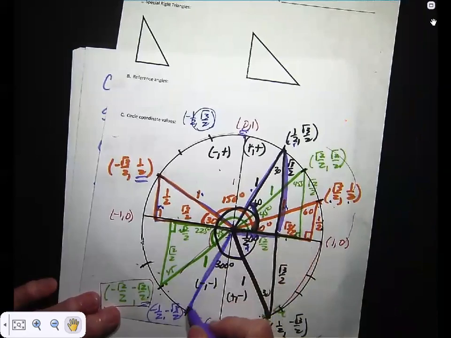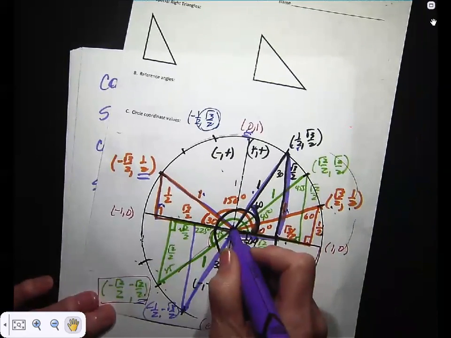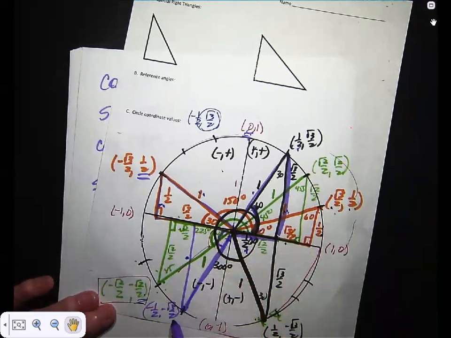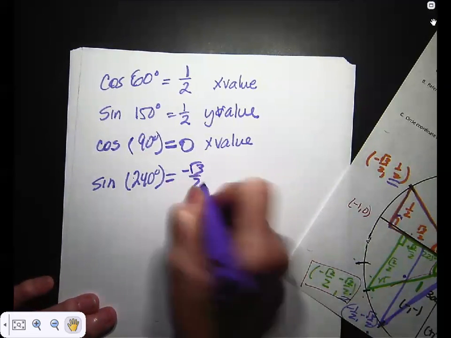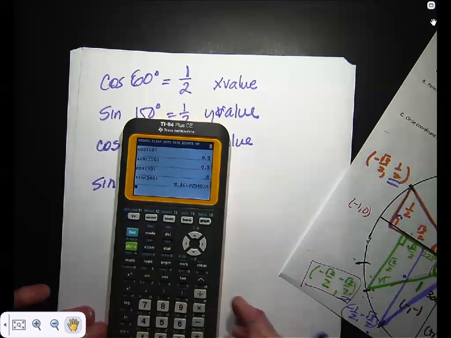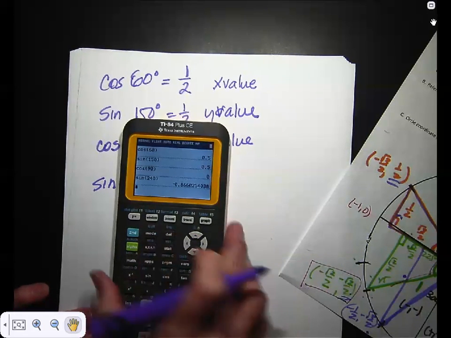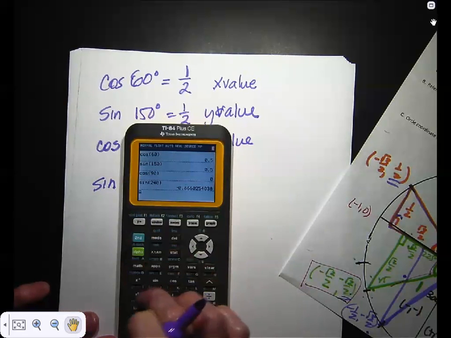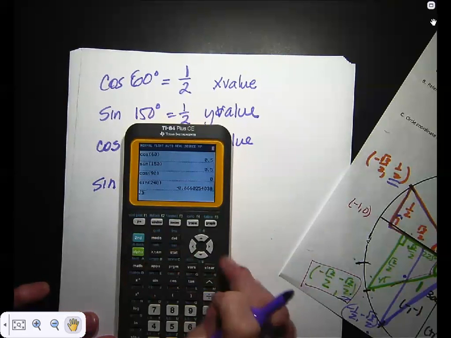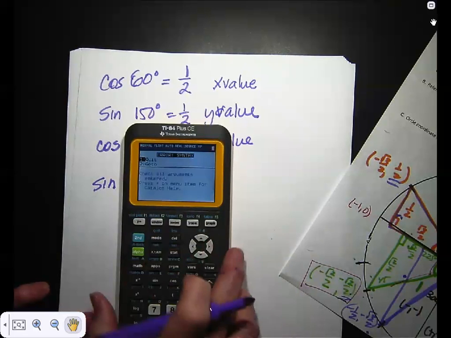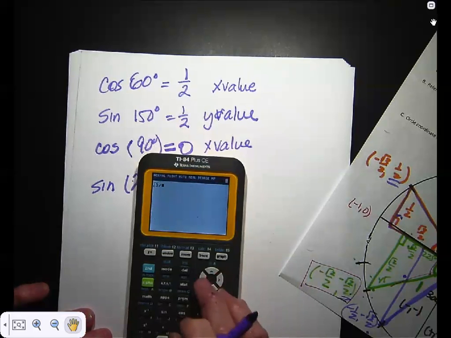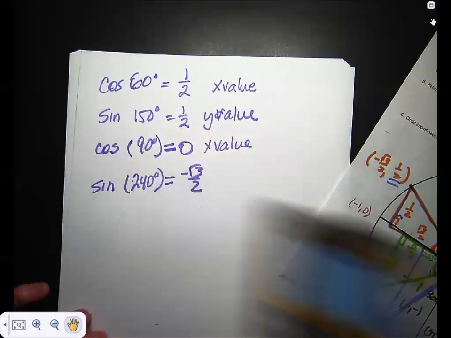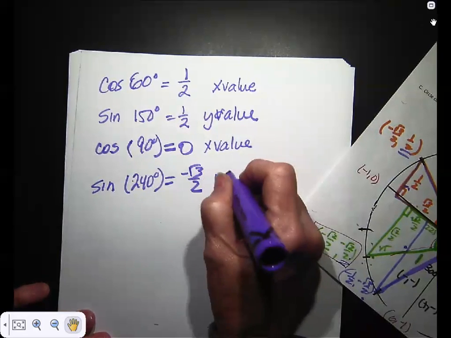Looking at this angle, the opposite would be negative square root of 3 over 2. If I did this problem on the calculator, that gives me the number that I had before. So I would say that is going to give me the y value.